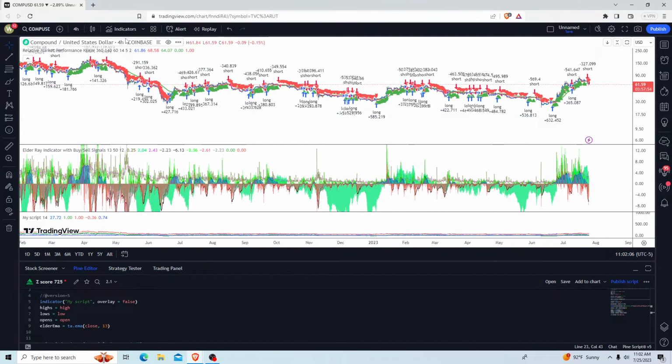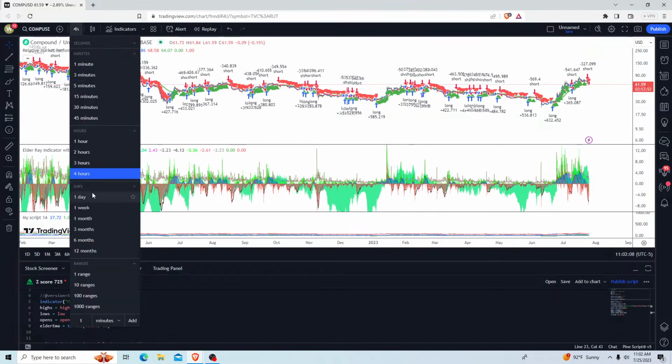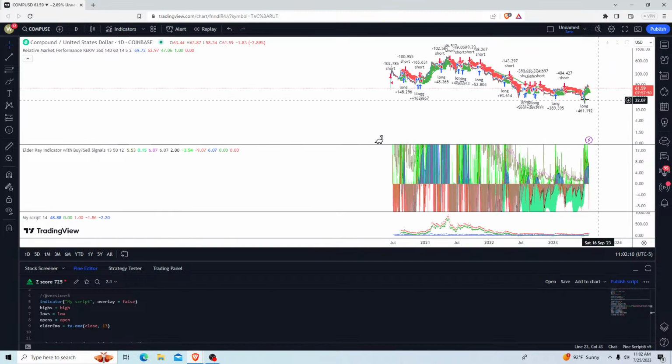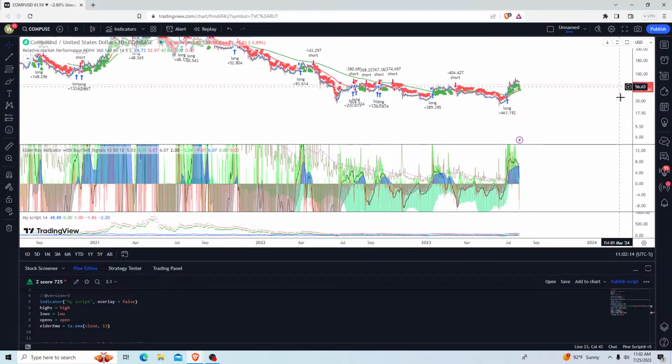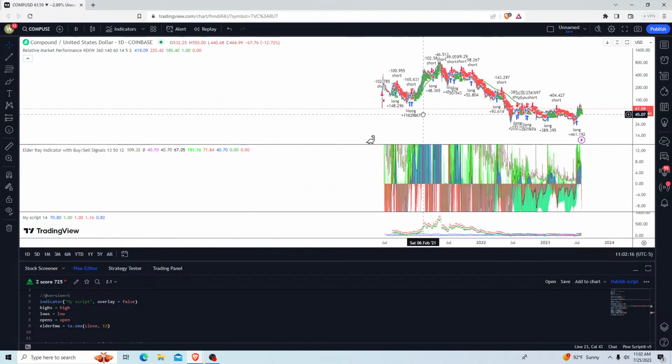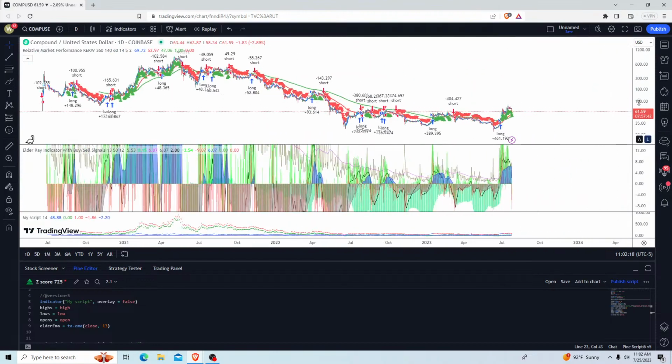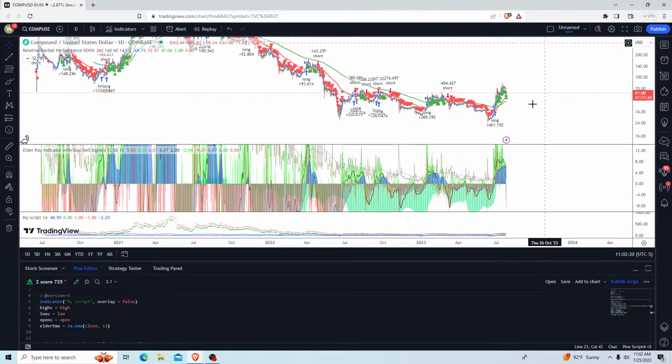Comp USD is not looking that good either, in the short term. It's just crazy. I think the reason a lot of these cryptos go down so much is because of their inflation and their supply and demand economics, the tokens.